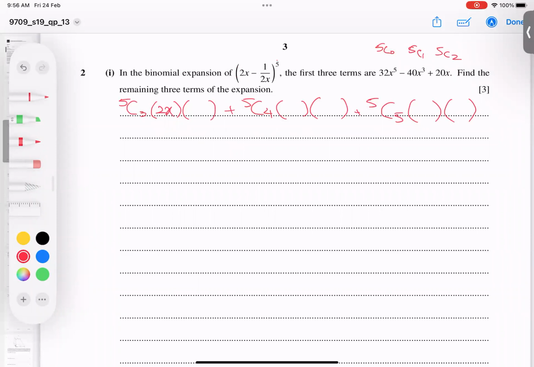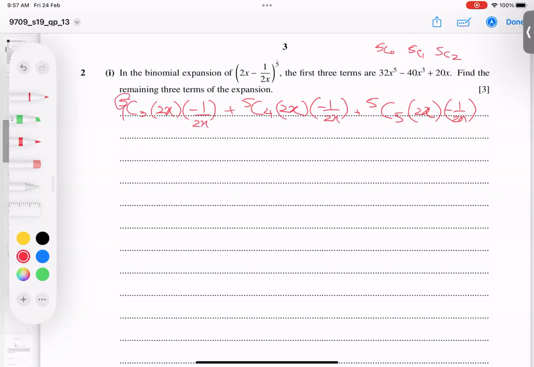This value will come in each first bracket: 2x, 2x, 2x. This value will come in each second bracket: negative 1 over 2x, negative 1 over 2x, and negative 1 over 2x.